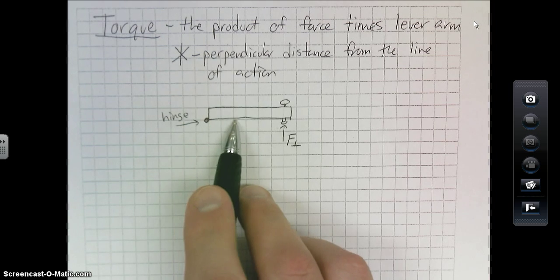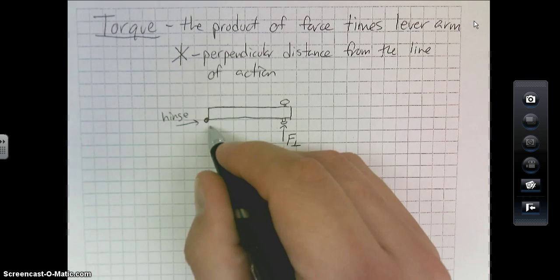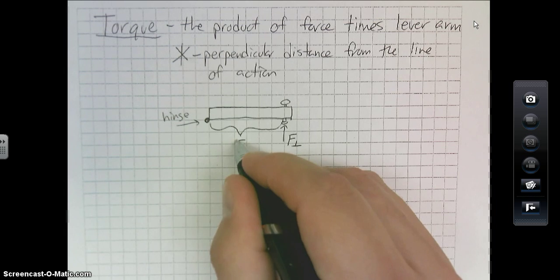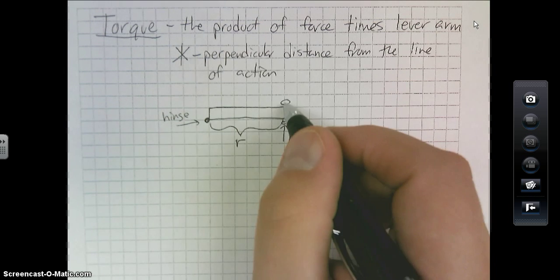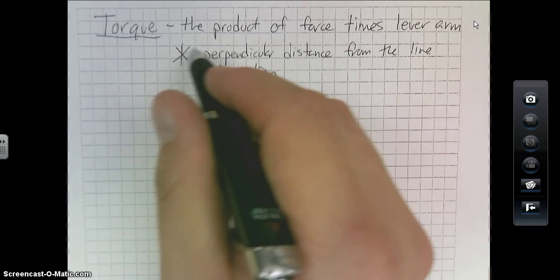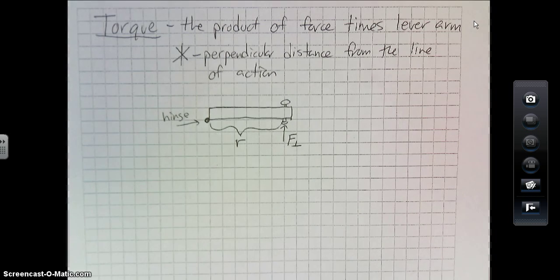So this represents the lever arm, which in the torque equation gets symbol R, which makes sense because if this rotated all the way around, then that would represent the radius of its rotation, right?